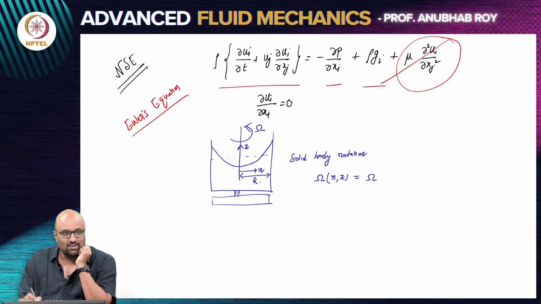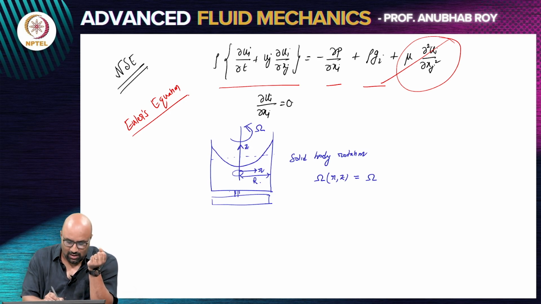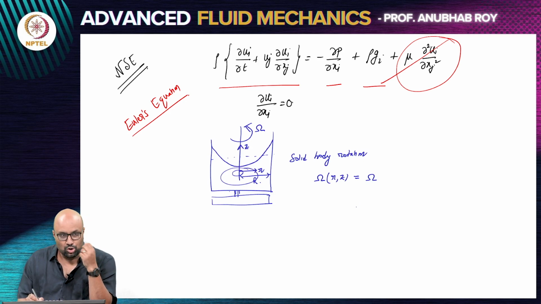Now, you may ask, how do we know it is a constant? If the fluid has achieved a steady state, the walls are basically driving the motion in the fluid. So, if you wait long enough, all the fluid particles are going to spin with the same angular velocity everywhere. Now, to show this with evidence, we will have to do a viscous calculation.